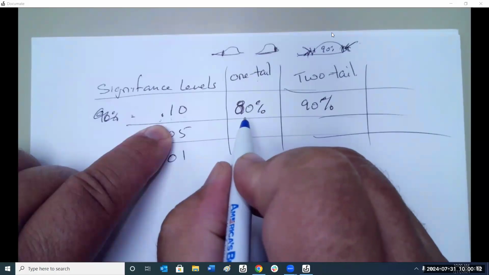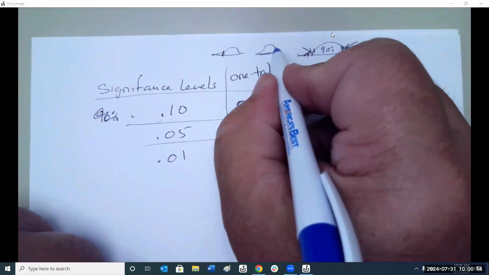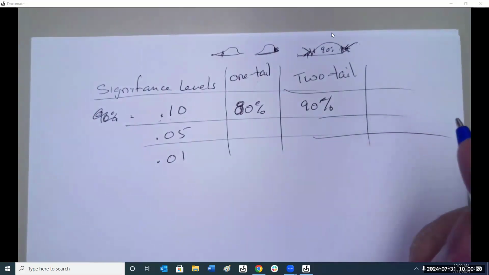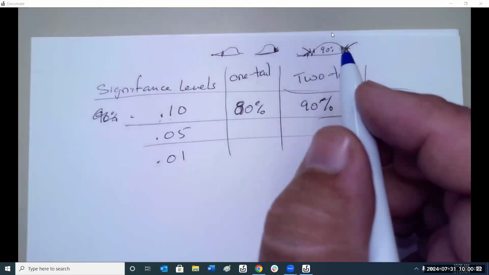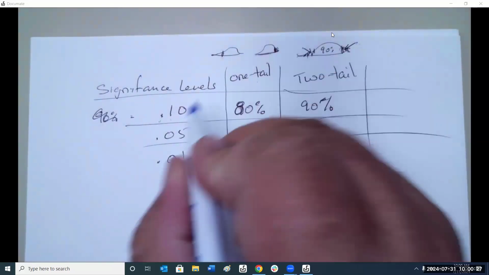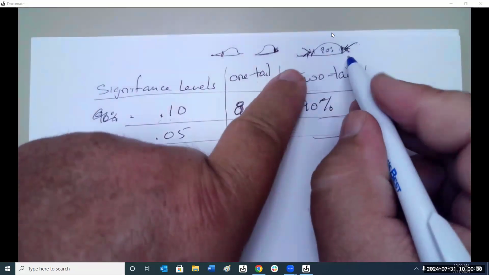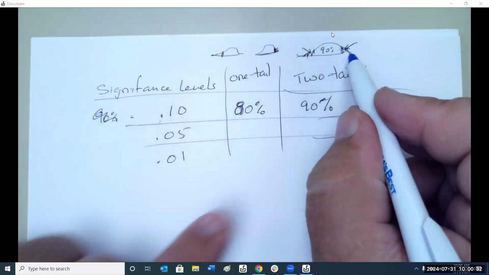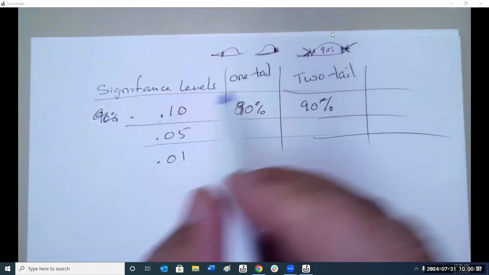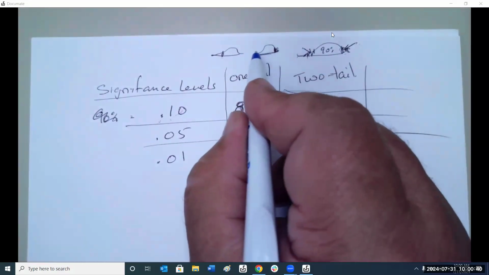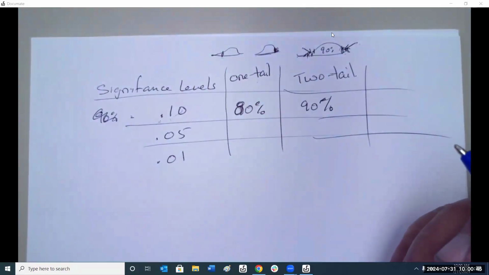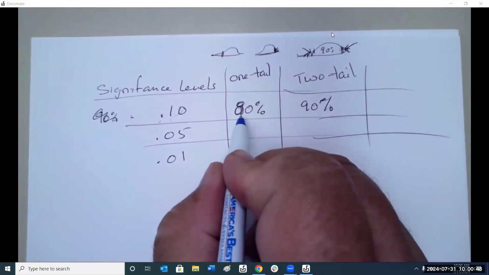Now, for the one tail tests, each of the tail is going to be 20%, while the middle will be 80%. Because now what we're saying here is you want to be 10% confident. This is the most typical one, the two-tail test. If we had two tails using 10%, that would be 10 and 10%. But since we're pushing everything over to the one side, what we're looking for here is 80%.